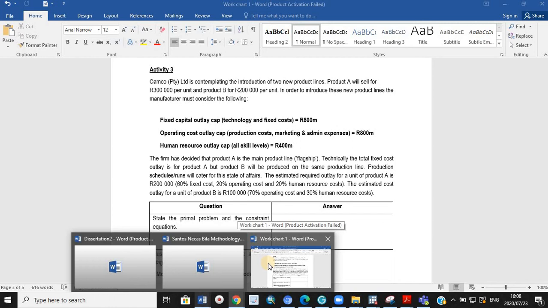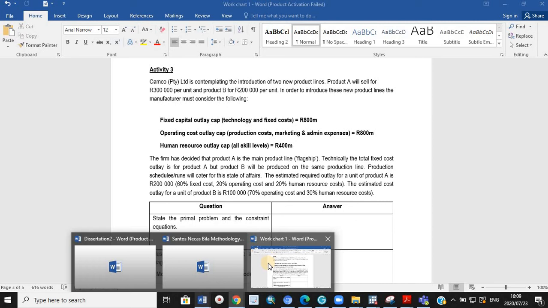Then they say the firm has decided that product A is the main product line. Let's just hold on a bit. In other words, just keep this key point: product A is the main product line. What does this mean?